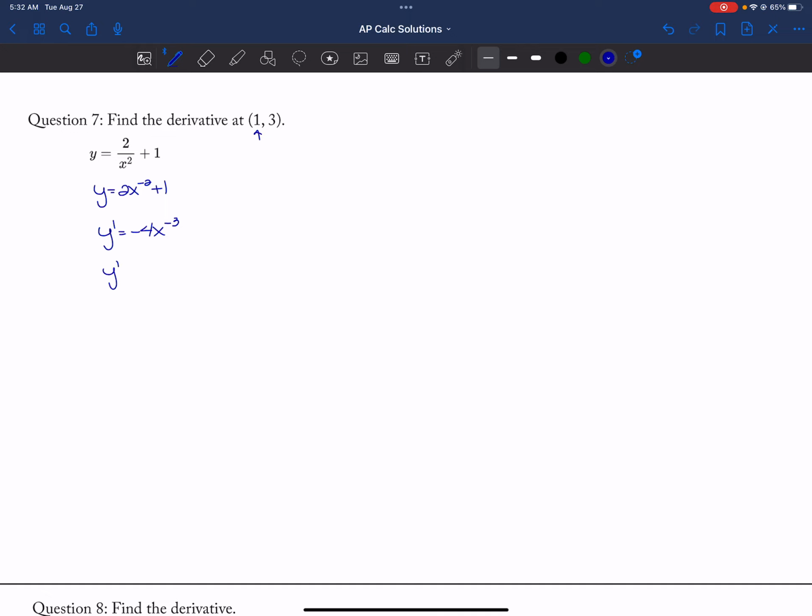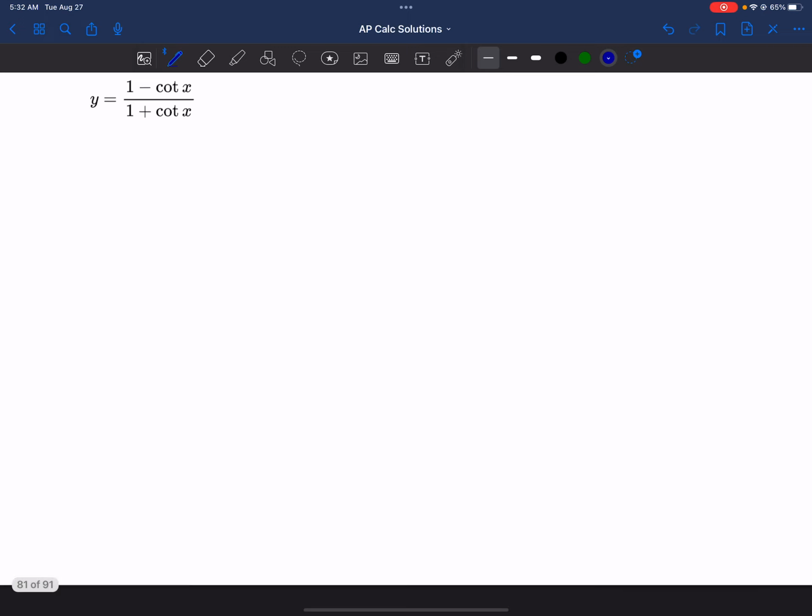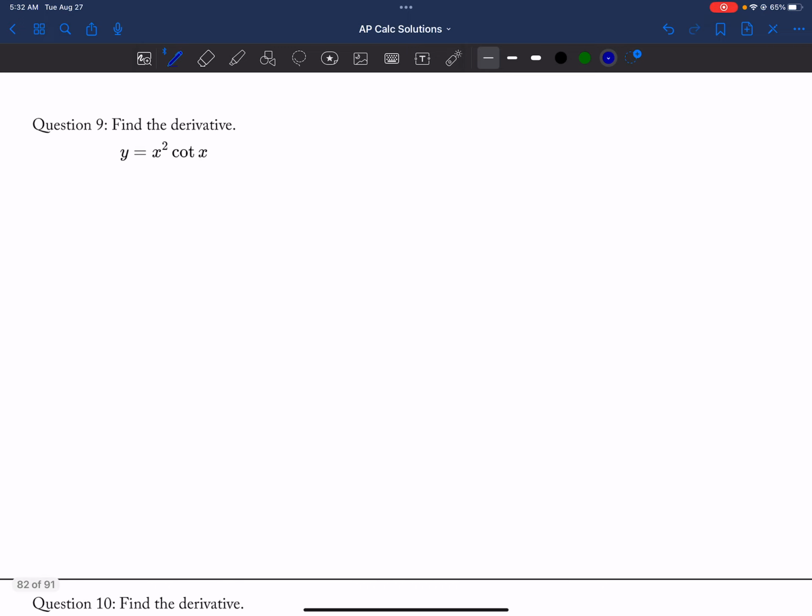So y prime of 1. Oops. That's all crooked. Negative 4, 1 to the negative third power. So y prime of 1 is equal to negative 4. That's an even question.